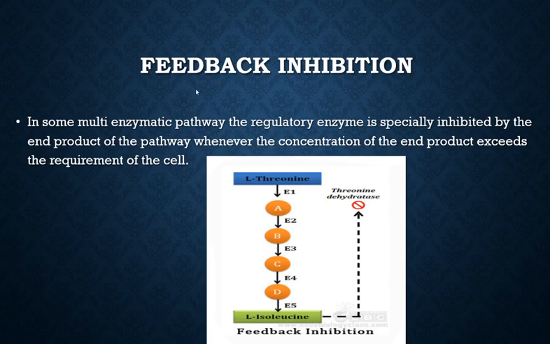Next is the feedback inhibition. Okay. So the feedback inhibition is a type of allosteric regulation. In some multi-enzymatic pathways, the regulatory enzyme is specially inhibited by the end product of this pathway, whenever the concentration of the end product exceeds the requirement of the cell.